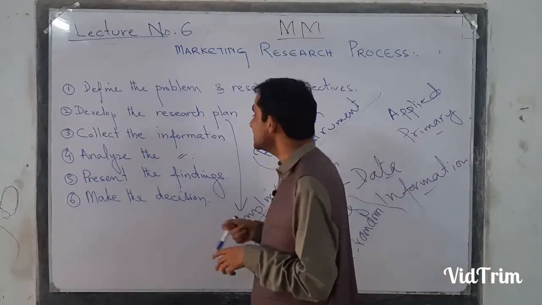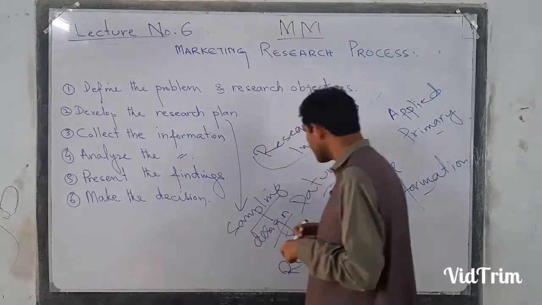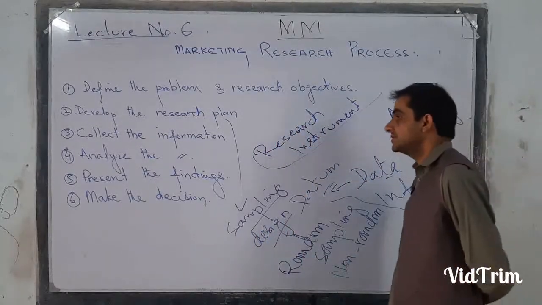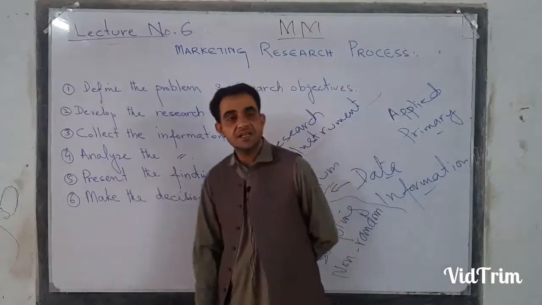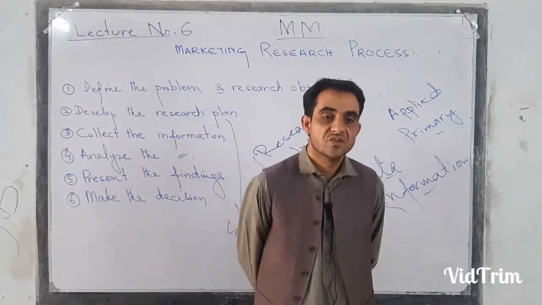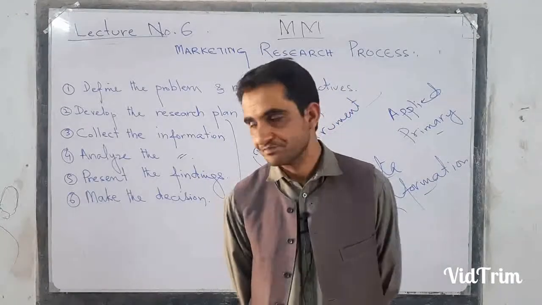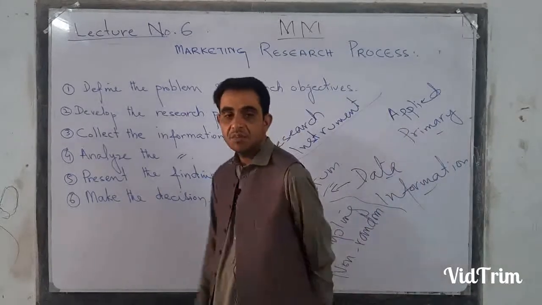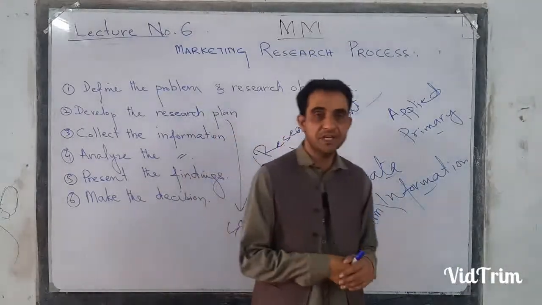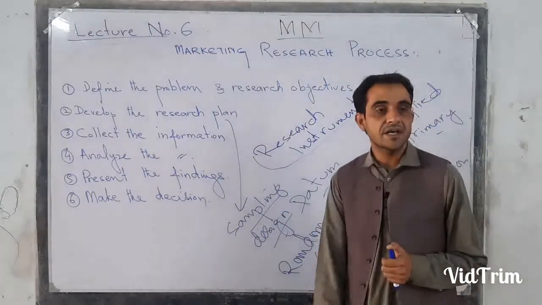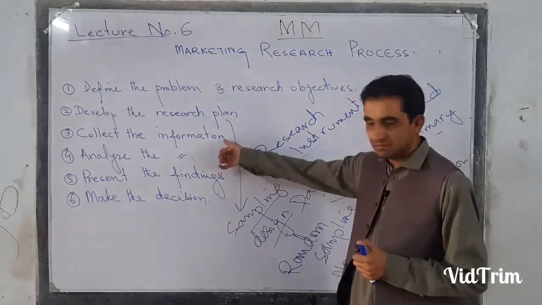Then whatever research instruments we have chosen and whatever sample we have decided over here, in step number third we are collecting the information, or the data. When we collect the data by different sources and methods, based on the plans that we have made, this is the practical step.